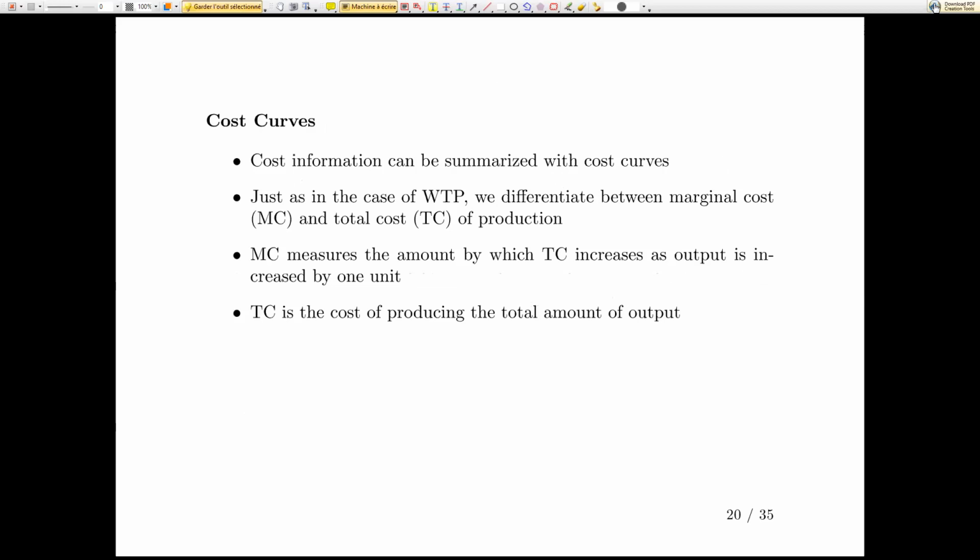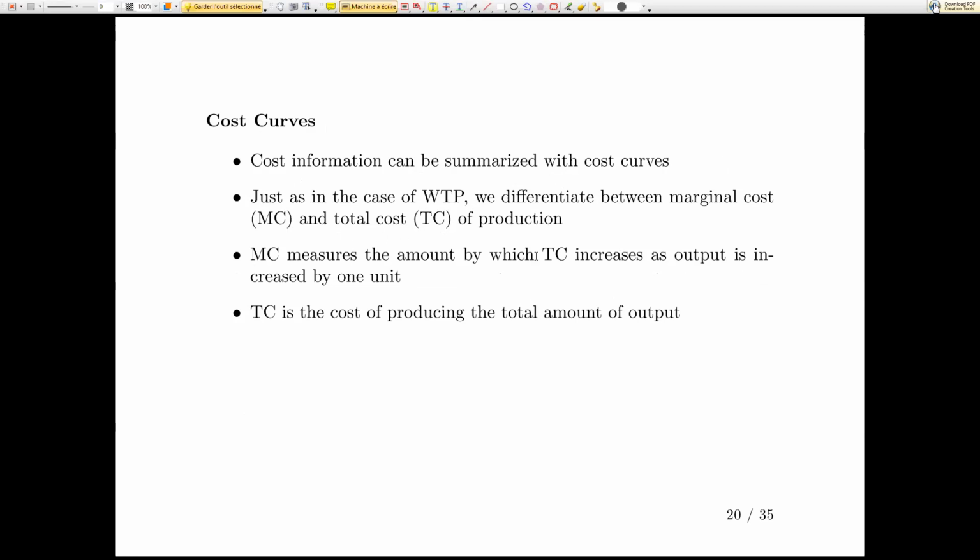So all this information is summarized in cost curves. Just as for willingness to pay, we can differentiate between marginal cost and total cost. Willingness to pay has a marginal willingness to pay and a total willingness to pay. Here we have marginal cost and total cost of production.